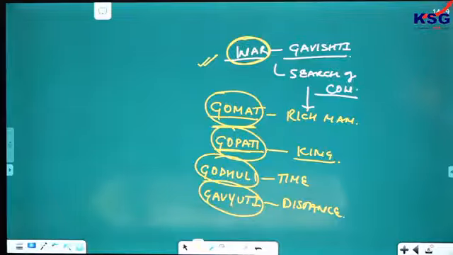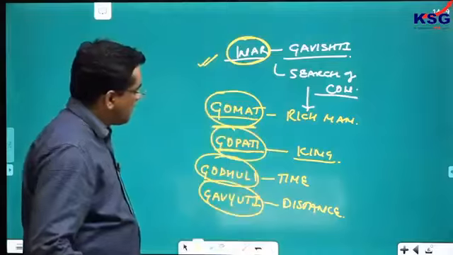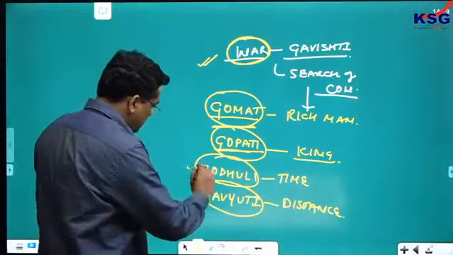Gomat, Gopati, Godhuli, Gavyuti. So these are the words normally used, for time and distance.